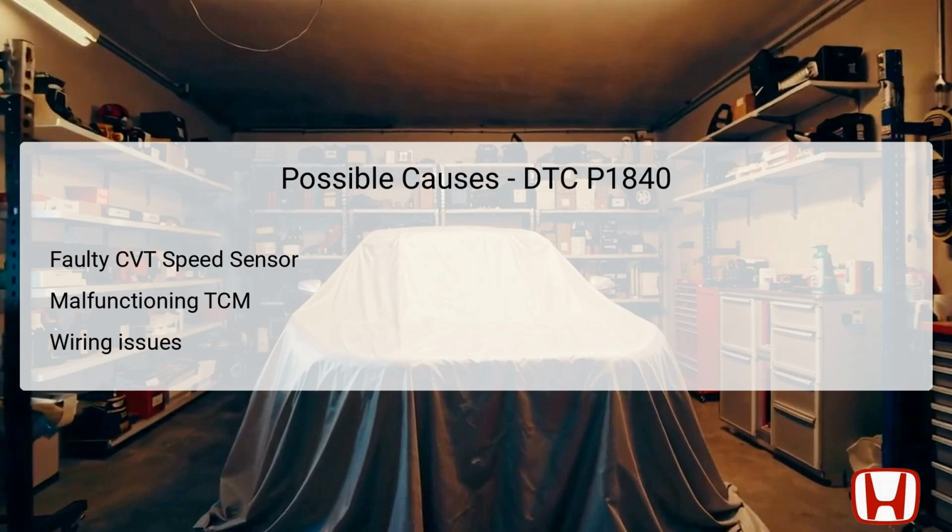Lastly, wiring issues such as frayed wires or poor connections can disrupt the communication between the CVT speed sensor and the TCM, leading to a mismatch in expected voltage levels. Each of these issues needs careful examination during the troubleshooting process to rectify the DTC effectively.